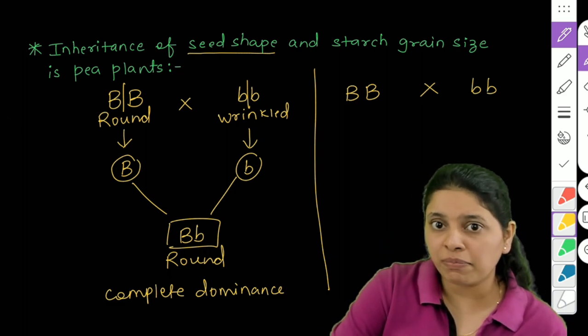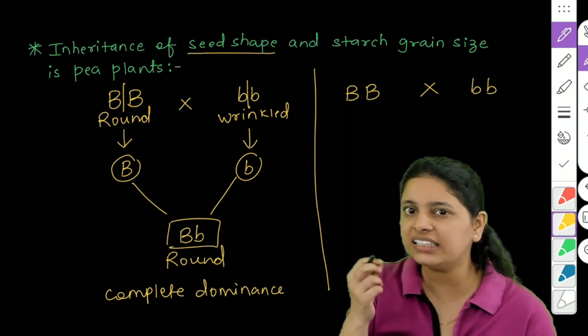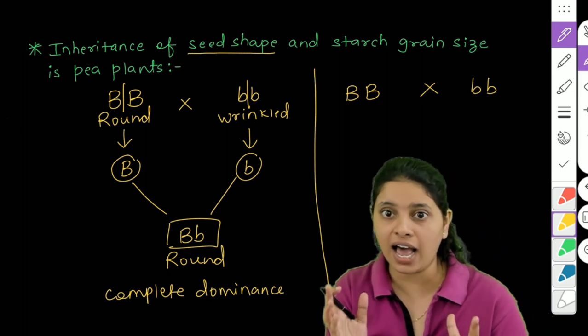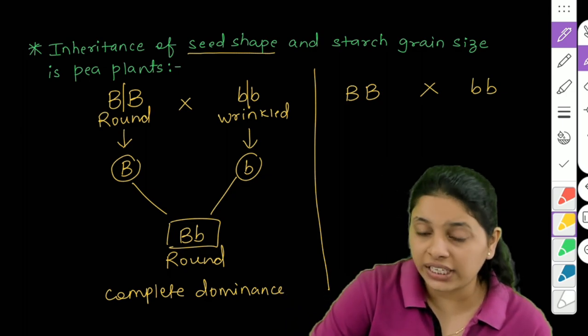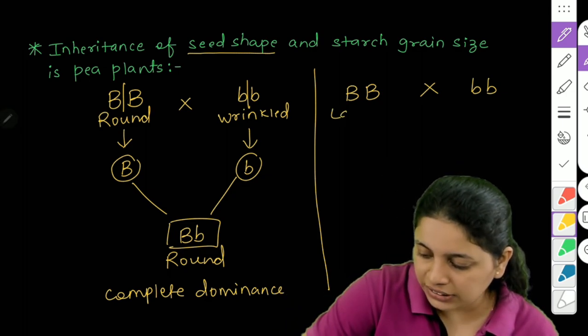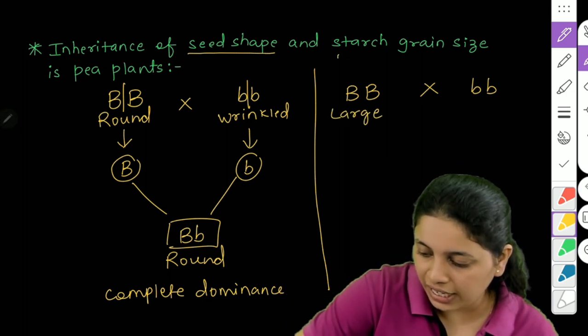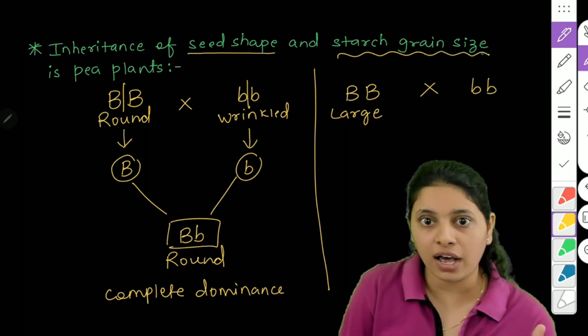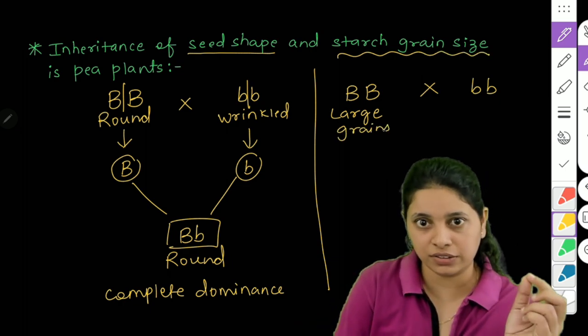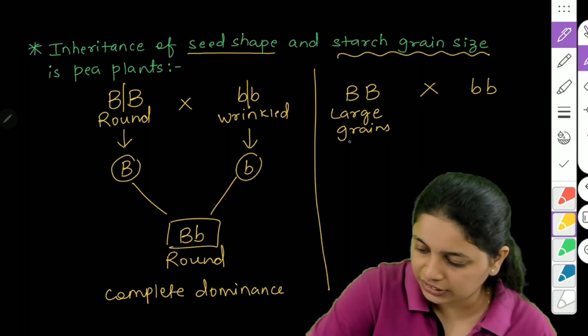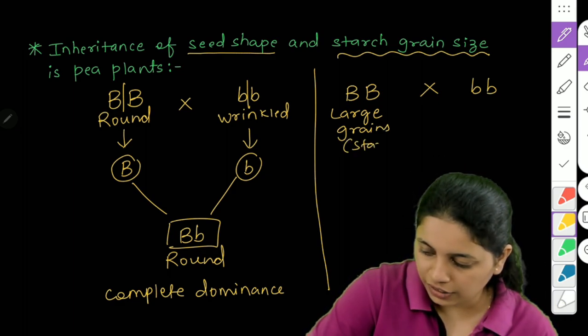If the genotype is capital B, we see that in the seeds, the storage material, the starch grain size, is different. So in case of capital B, the starch grain size is large, large grains of starch.